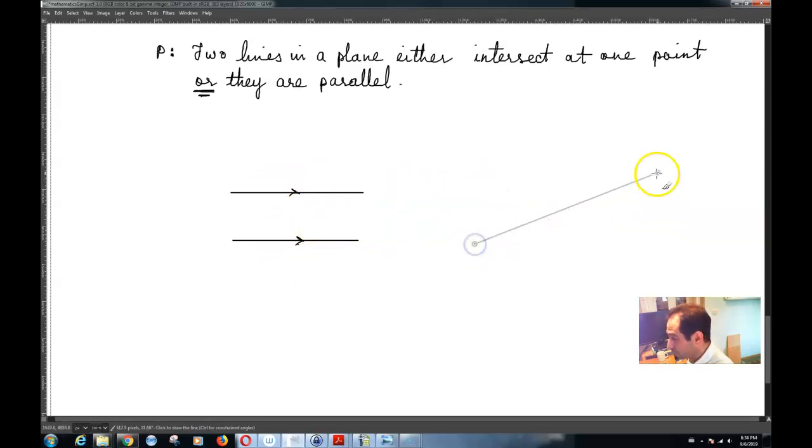There can be one more case here as well: if the two lines are not parallel, they intersect one another at this point of intersection.